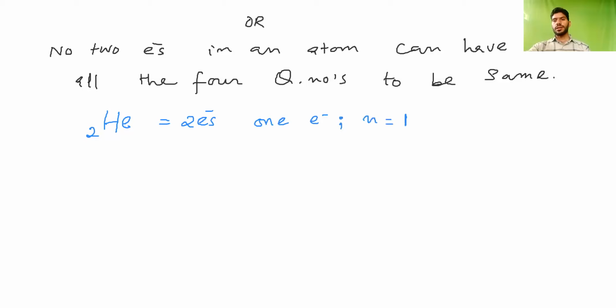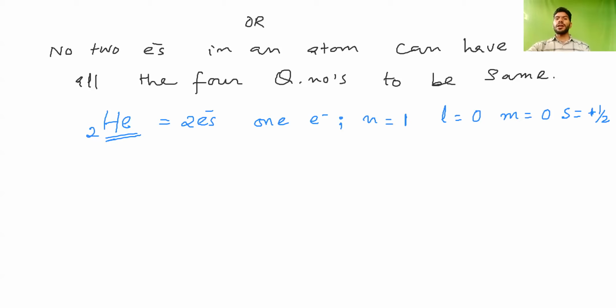What will be the L value? Actually, in case of helium, the electron is present in the s orbital. So for s, L value is 0. So m value will also be 0. What will be the spin? Spin quantum number will be, let's say, plus half. One of the electrons is having clockwise spin, right?